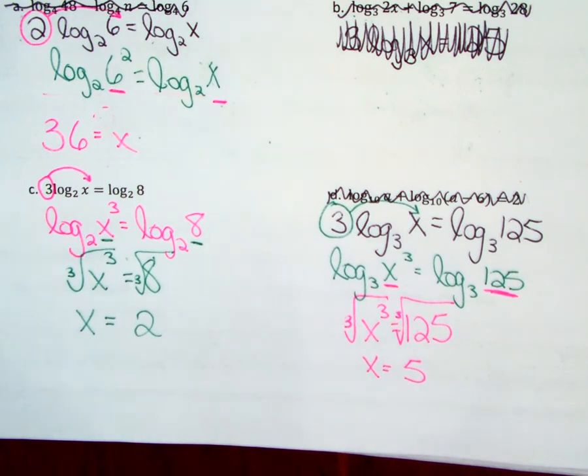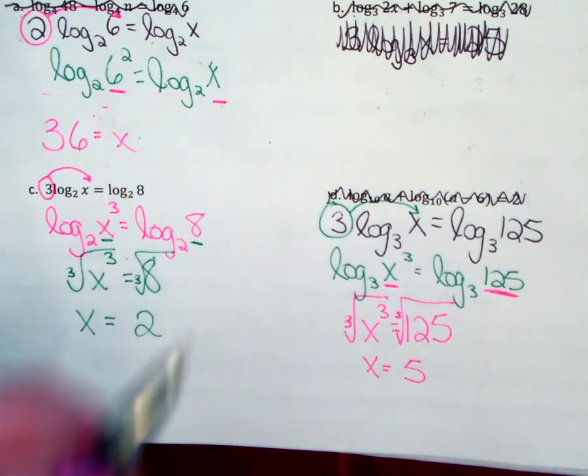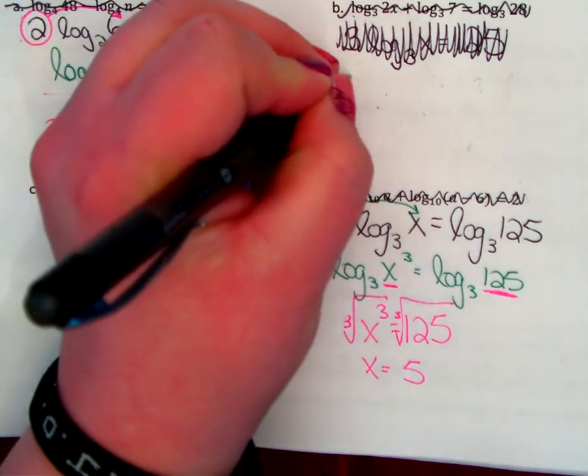One thing that I want to mention and make sure that you're aware of is that if you were taking a square root, you would have to put a plus or minus, and then you always need to double check that these actually work in the problem. If you ever get the log of a negative number, then you need to make sure that you exclude that number. Let's come up with one other quick example so we can see this in action.